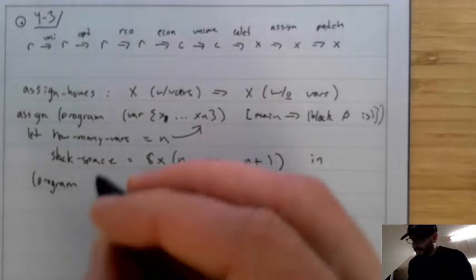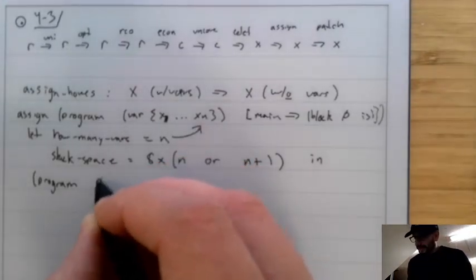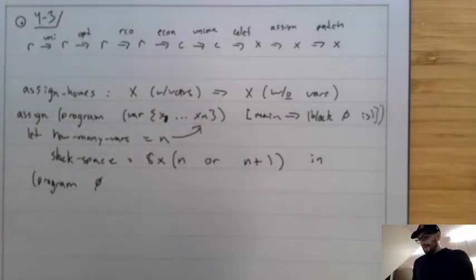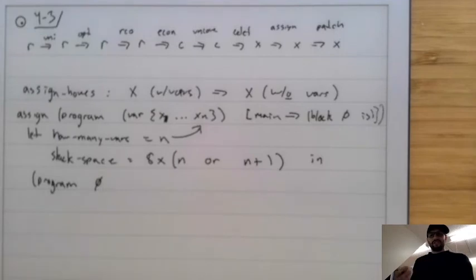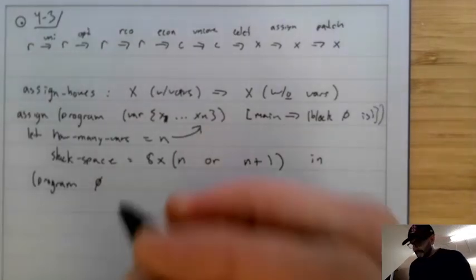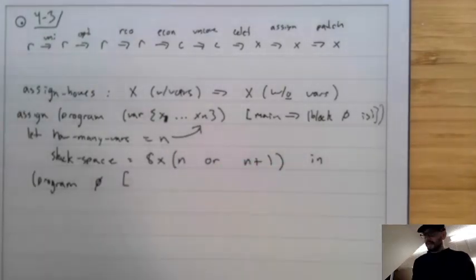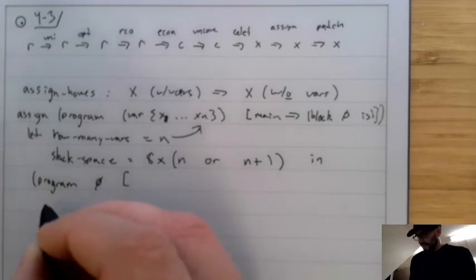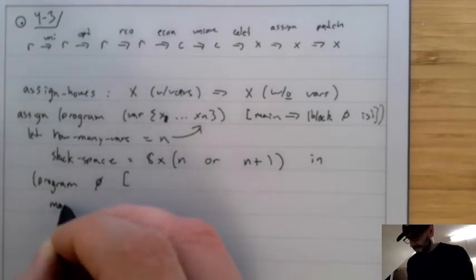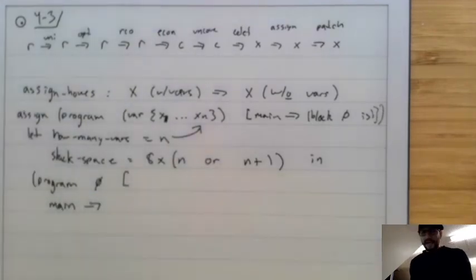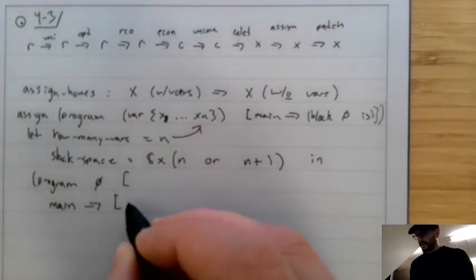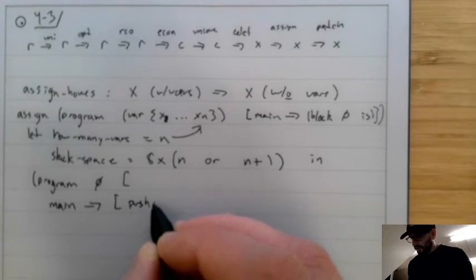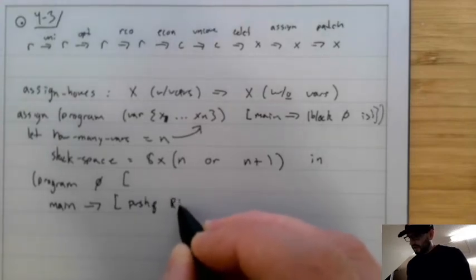So here's the way it's going to look. We don't need to keep track of any info anymore. Maybe if you wanted, you could keep track of what the stack space is or something like that, but you don't really need to. Okay, then it's going to have a bunch of blocks. It's going to have one block that we're going to call main. And in the main block, what we're going to do is push Q the RBP.